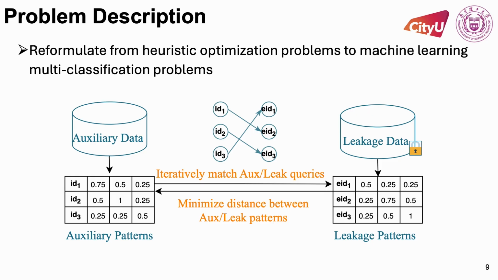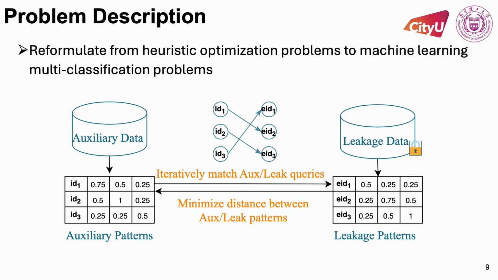Specifically, previous LAA approaches first extract auxiliary patterns from the auxiliary data that align with leakage patterns, and then iteratively match auxiliary and leakage patterns, aiming to minimize the distance between them. This method can be progressively enhanced by gradually incorporating more prior knowledge to achieve optimal recovery effectiveness.